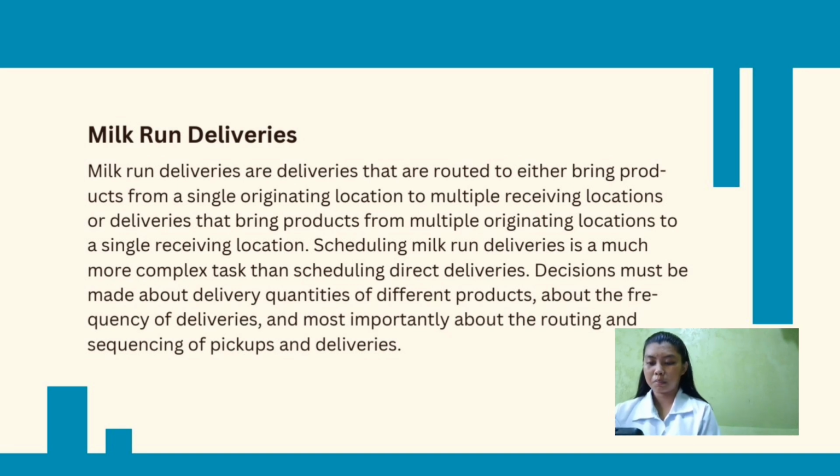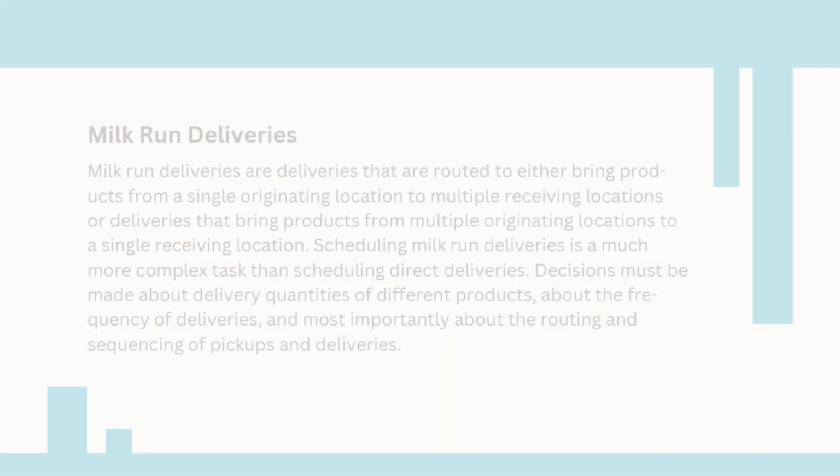Scheduling milk run deliveries is a much more complex task than scheduling direct deliveries. Decisions must be made about the quantity of different products, about the frequency of delivery, and most importantly, about the routing and sequencing of pickups and deliveries.